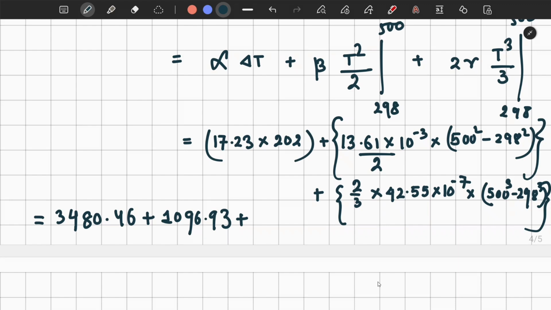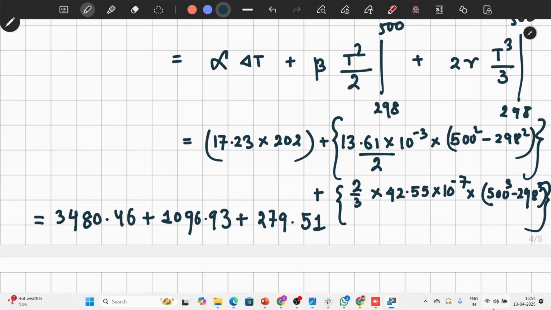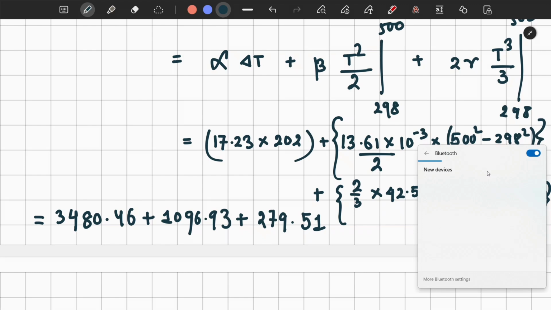Yes, what are you getting? 5974. Getting 279 something into 10 to the power minus 7 into 500 cube minus 298 cube, answer divided by 3.